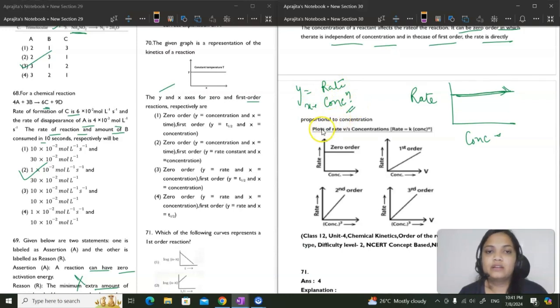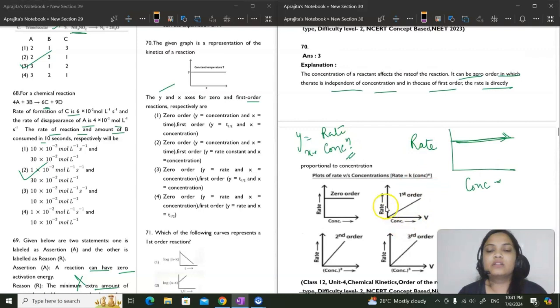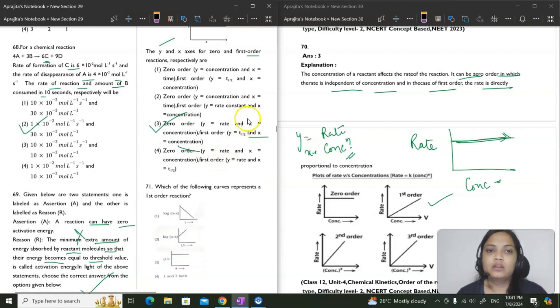And again for first order reaction, if I plot the graph, concentration and rate are directly proportional to each other. So in this case, y will be t half and x will be the concentration. So the answer is option 3.